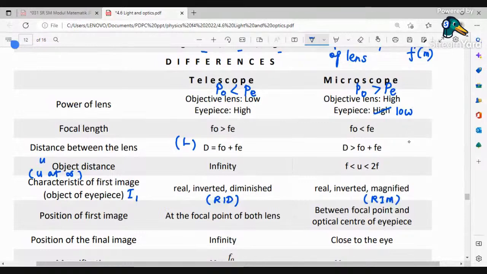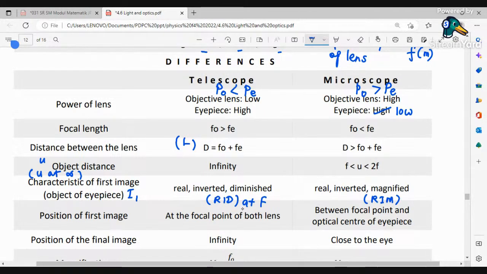Jadi you kena tahu this image characteristic of image formed, actually gunakan balik yang kita buat tadi. Okay, ini first image ialah kat mana? So you dapat first image ialah real inverted diminished. U at infinity, image is real inverted diminished at F, at focal point.